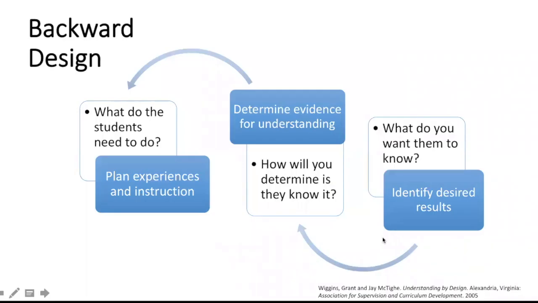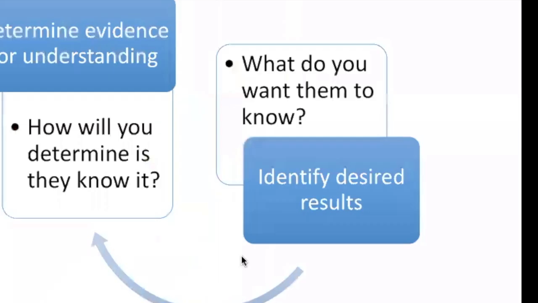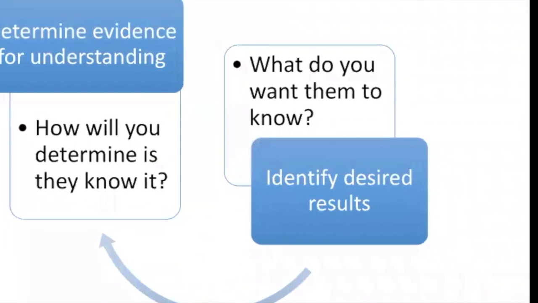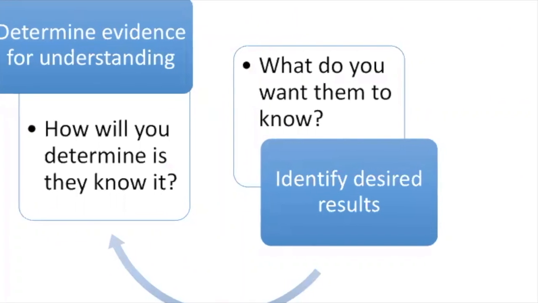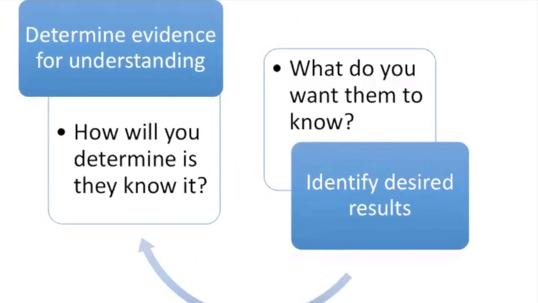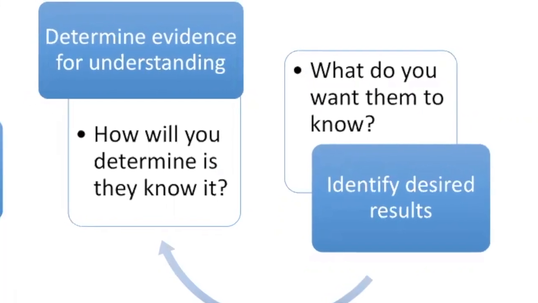This idea of backward design, right? This is a principle of instructional design introduced by Wiggins and McTighe. And essentially the principle is that if you begin with the end in mind, if you know what it is that you want your students to know, then you're able to think about, well, how will I know if they know it, right?